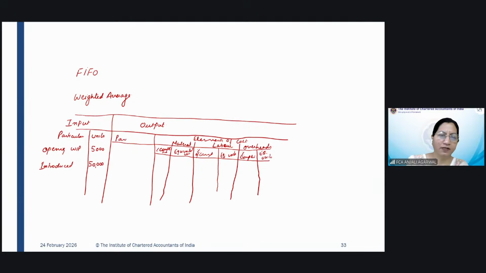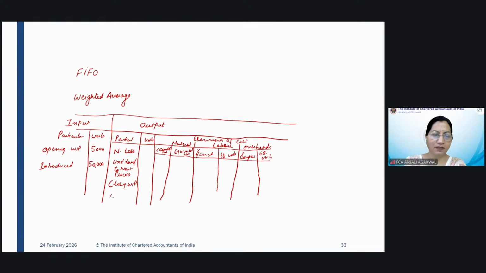Output will also have details of particulars and units. These particulars would be normal loss, units transferred to next process, closing WIP, and the balancing figure.